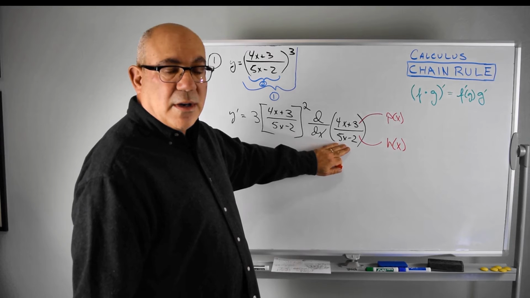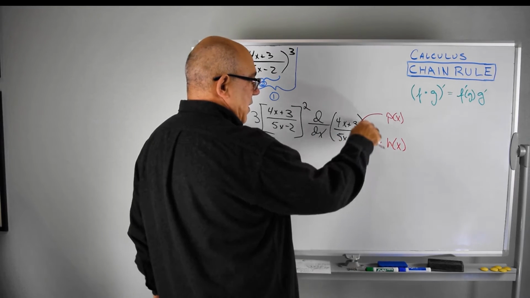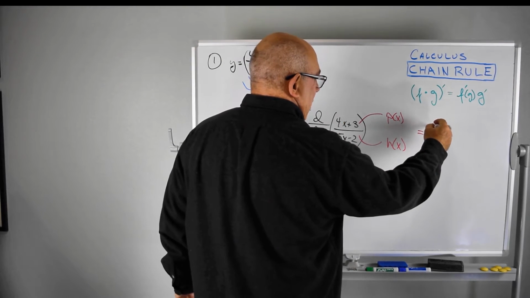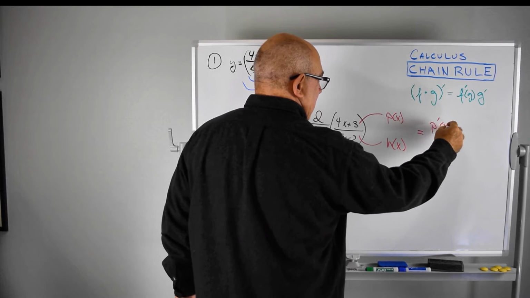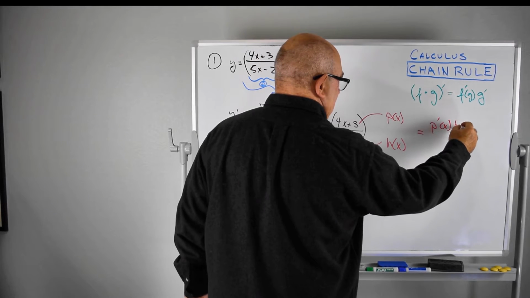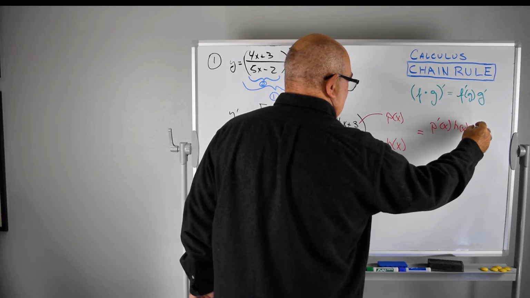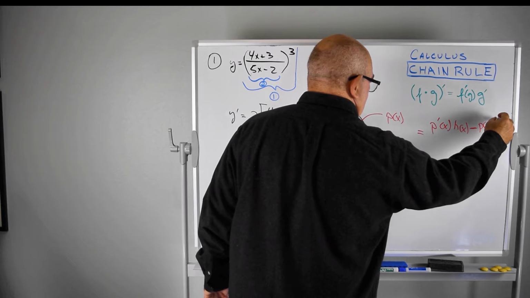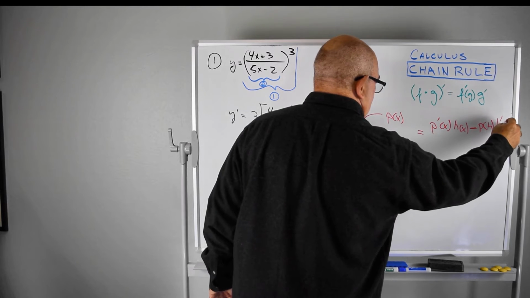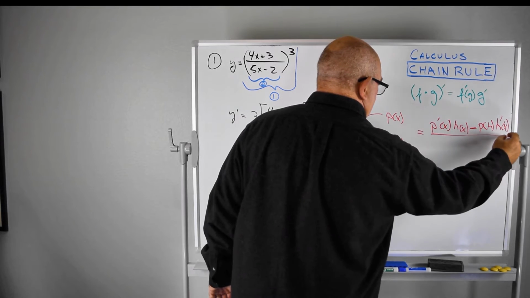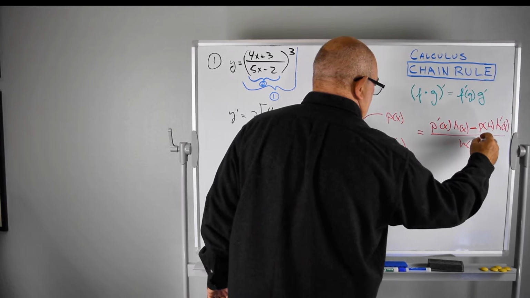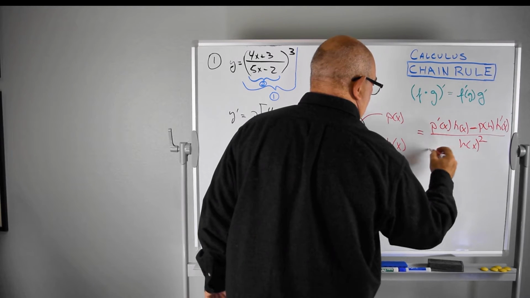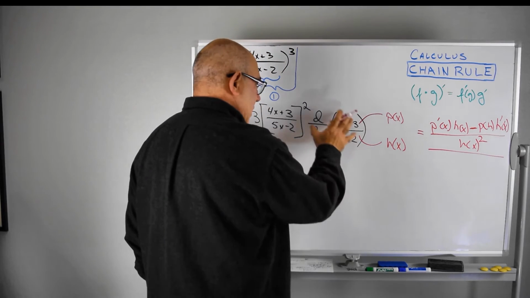The quotient rule says that the derivative of this equals the derivative of p of x times h of x minus p of x times the derivative of h of x, all over h of x squared. So we're going to use this to solve this piece.